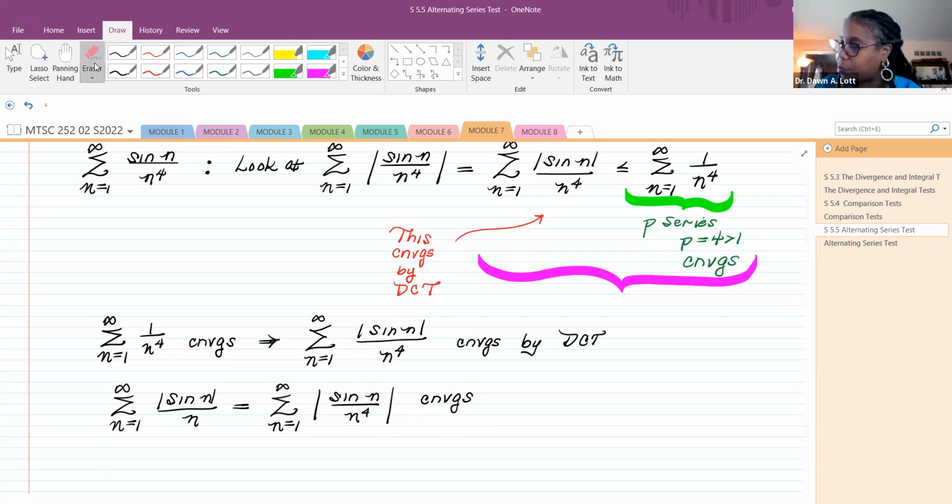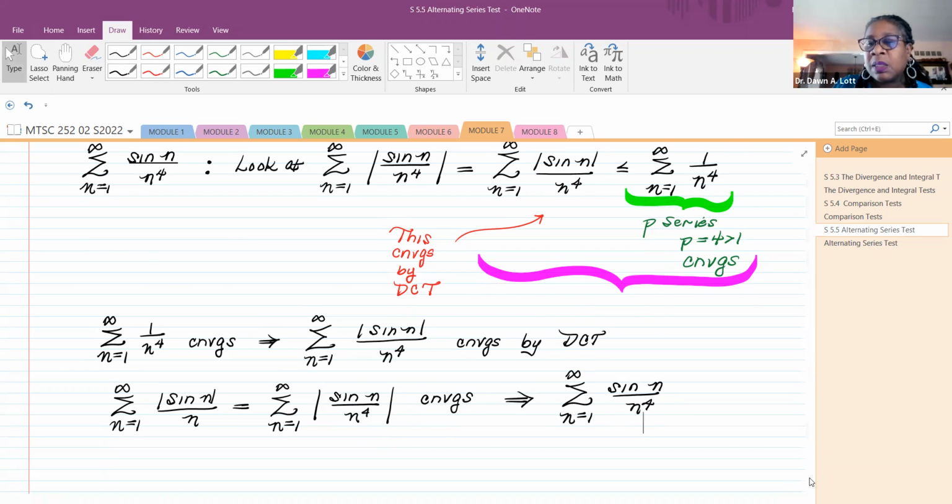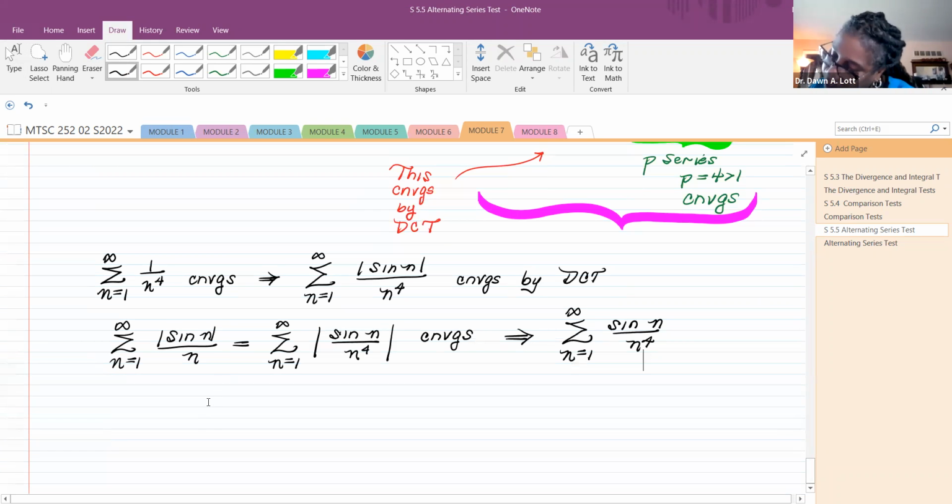And that implies the summation n equals 1 to infinity of the sine of n over n to the fourth converges by the absolute test of convergence.